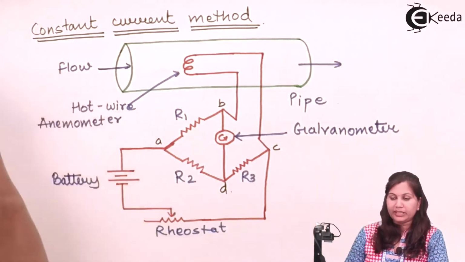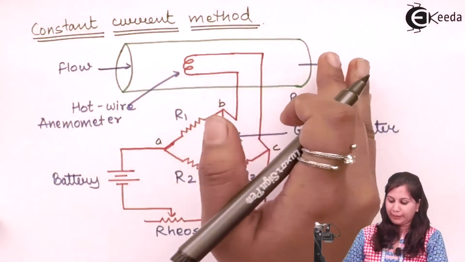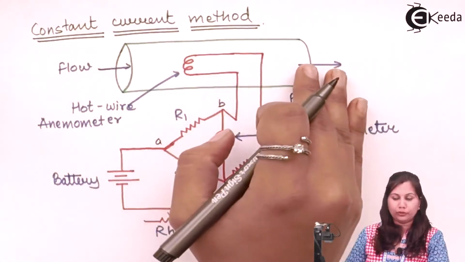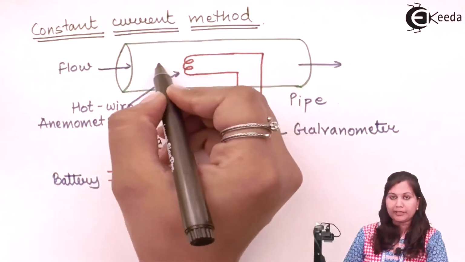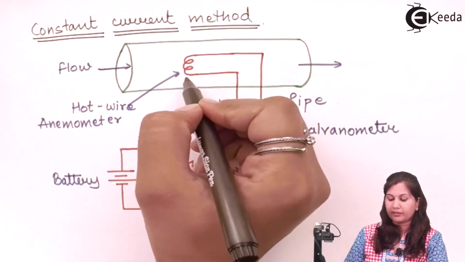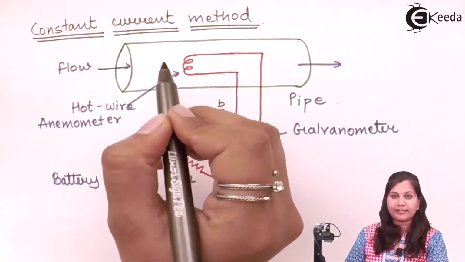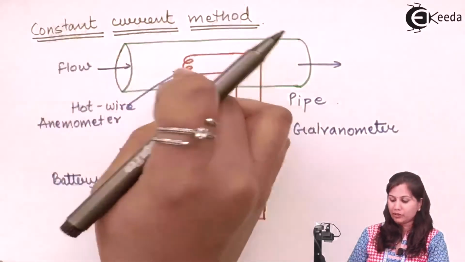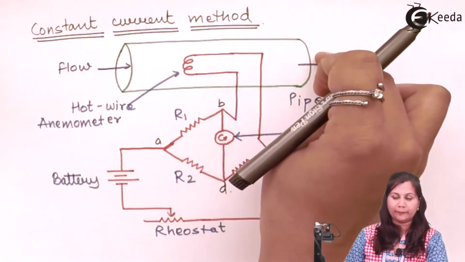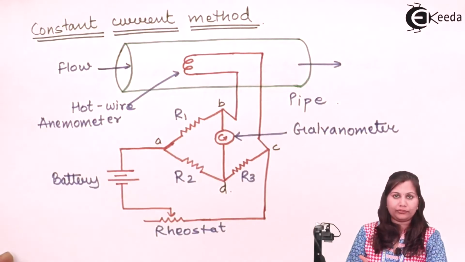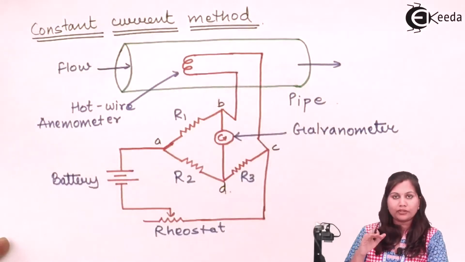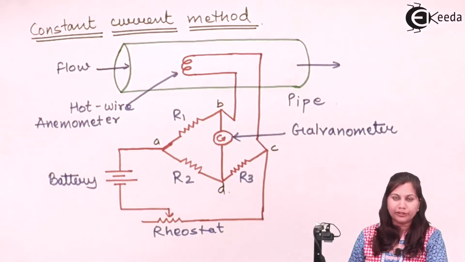Now when the fluid starts flowing in this pipe, due to the flow of the fluid the temperature of this wire is going to decrease, because this hot wire is going to lose some heat to the fluid. So due to the loss of heat, the temperature of this hot wire is going to reduce.